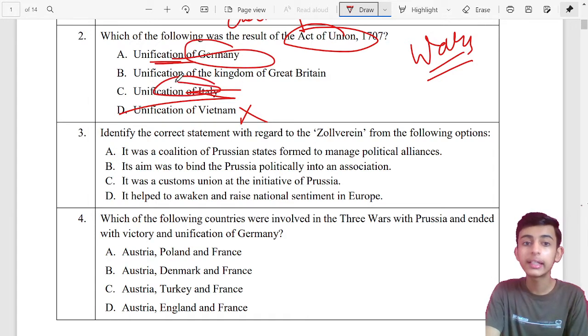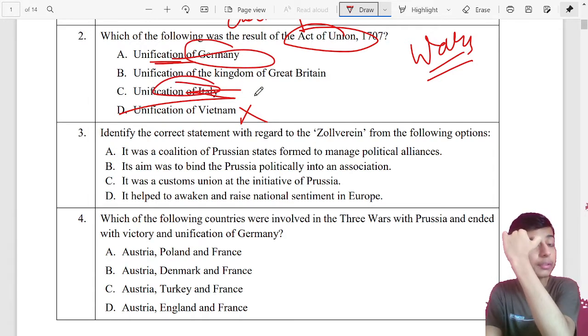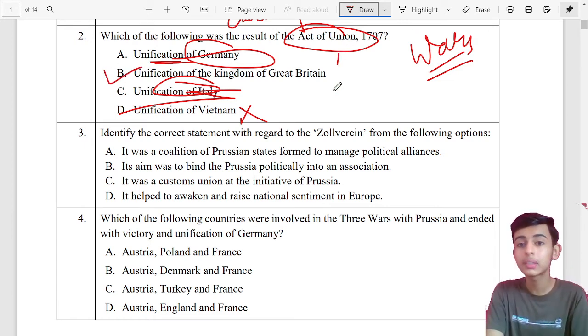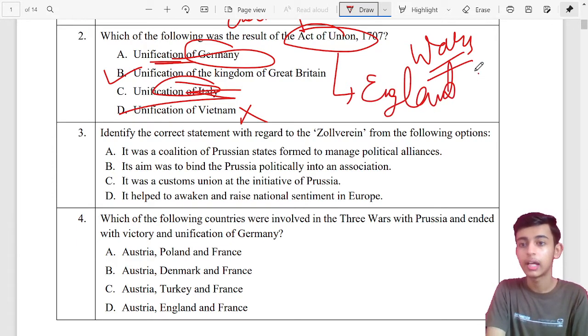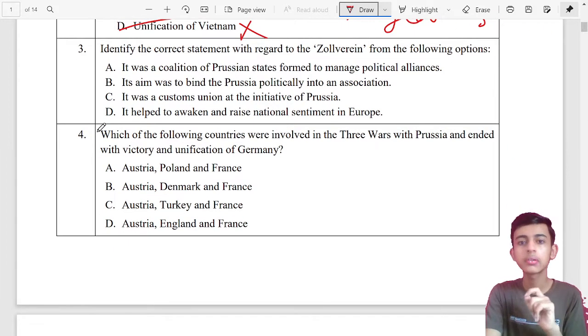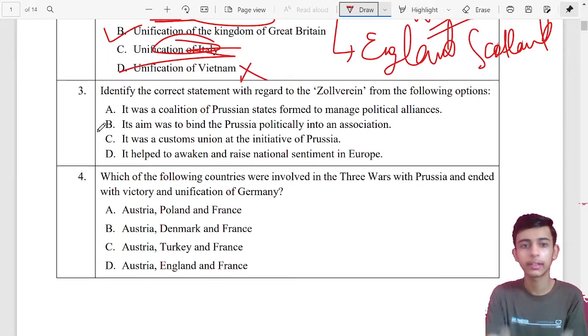Same happened with Italy, where the Sardinia-Piedmont region fought. Here Otto von Bismarck and Frederick William IV fought, right? So the answer becomes unification of the Kingdom of Great Britain, and this Act of Union was between England and Scotland. Please make sure that you're learning both of them. So the Act of Union was between England and Scotland.